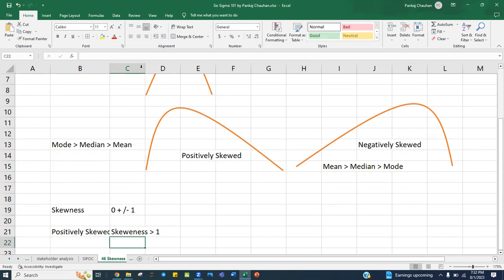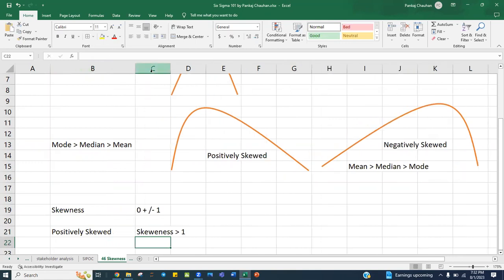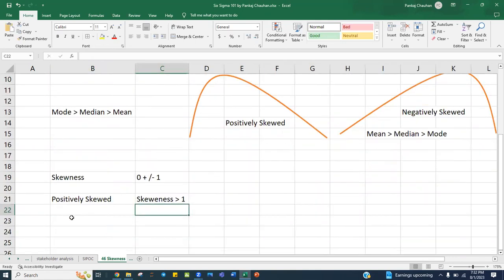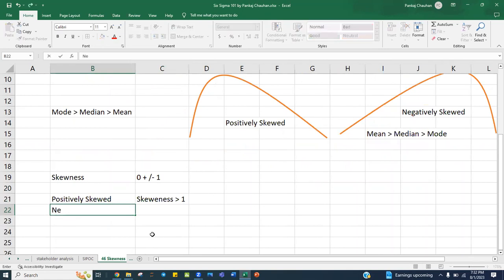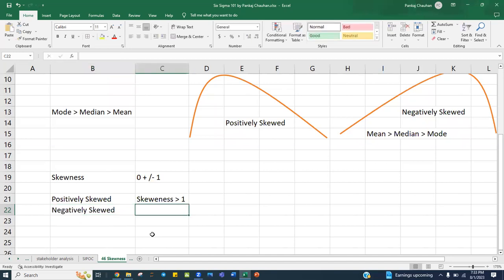Or the data is significantly negatively skewed when the skewness of the data is less than -1, because 0 plus or minus 1 is normal data. If skewness is more than 1, then it's positively skewed like this, and if the skewness is less than -1, then it will be negatively skewed.